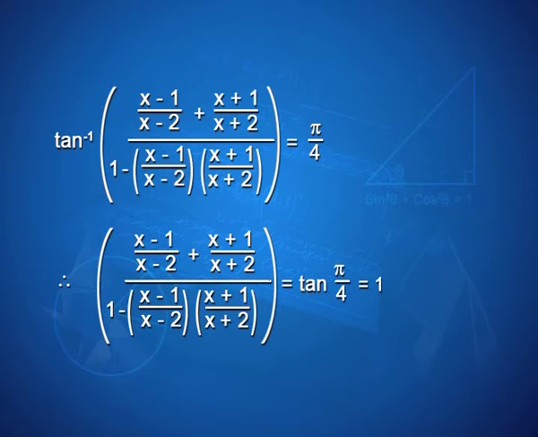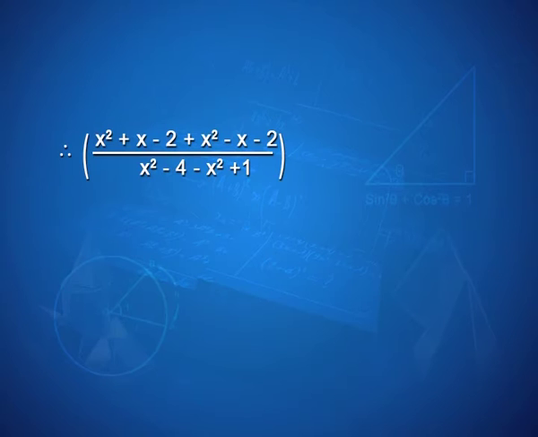We get something which looks like x square plus x minus 2 plus x square minus x minus 2 in the numerator. Denominator is x square minus 4 minus x square plus 1. And what we can do with that tan inverse is, by the definition, rewrite the expression as tan of pi by 4 on the right hand side, which was nothing but 1.